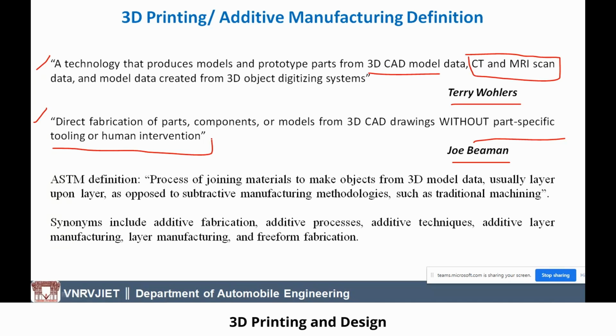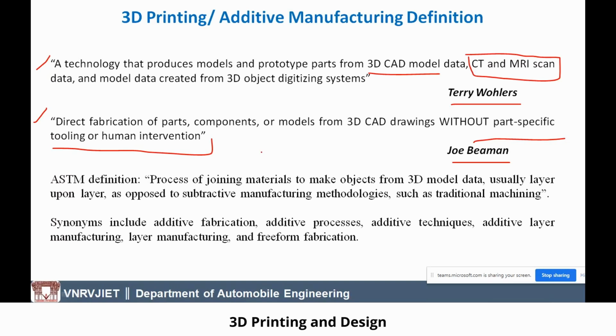In those two cases, we require machines and specific tools. In the case of formative, we require a die, and in machining, we require cutting tools, machine tools, etc. But here, except for a 3D printing machine, we do not require any special tools to produce 3D printed components.